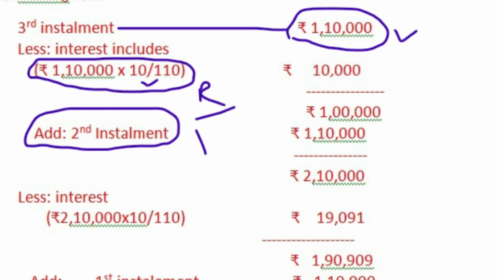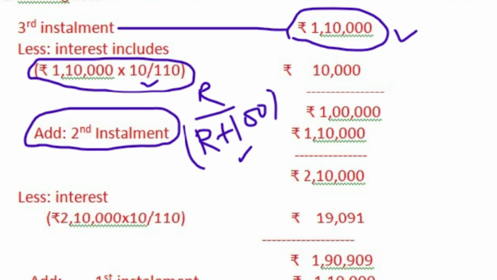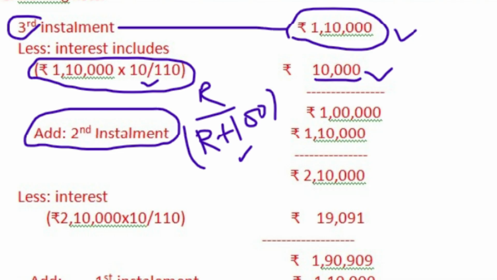This is when the interest amount is included in the installment, and normally we follow this process when the cash price of the machine is missing in the question. 1,10,000 into 10 divided by 110, so the value is 10,000. 10,000 is the interest amount, and 1 lakh is the capital payment for the machine purchase.